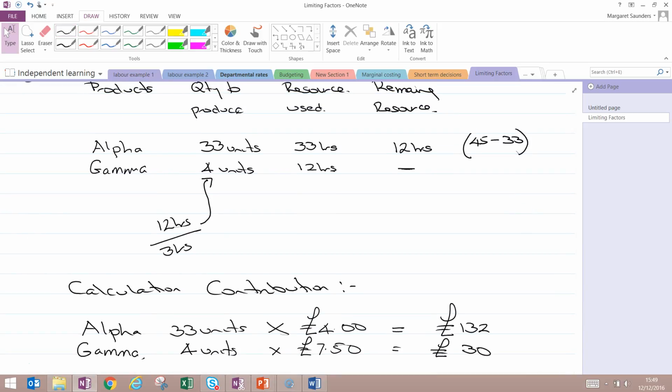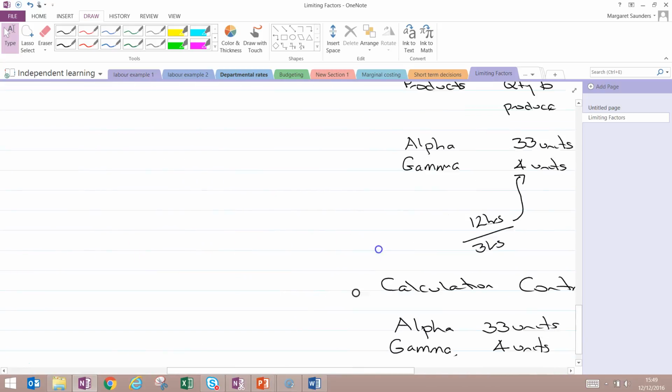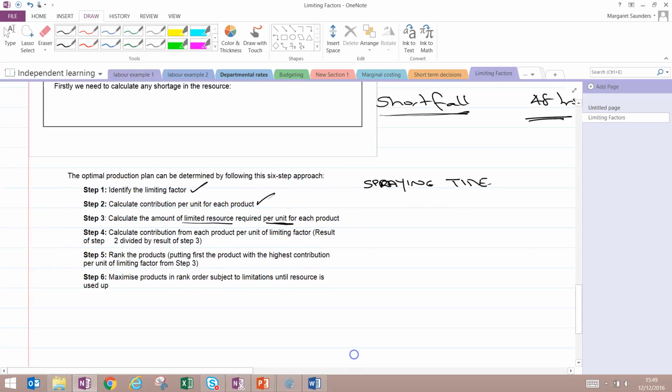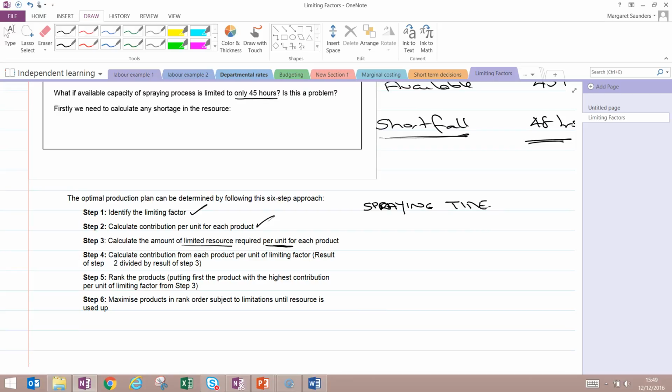So a number of steps to go through. So I strongly recommend you learn these steps. Firstly, identify the limiting factor. Step 2, calculate your contribution per unit for each of your products.